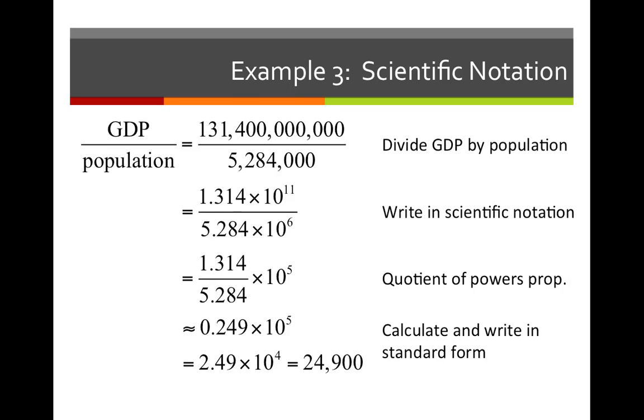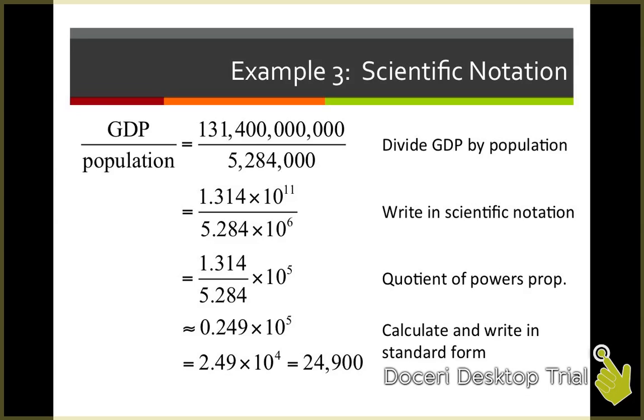Now, at this point, it depends on what you're being asked for an answer. If you're being asked for scientific notation, even though this looks very close to what we want, it's not quite right yet. Because remember, our definition said that our C value had to be something between 1 and 10, and this number is not.